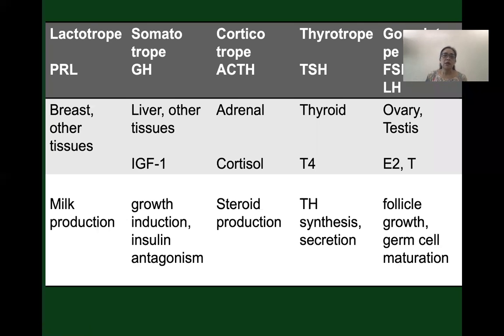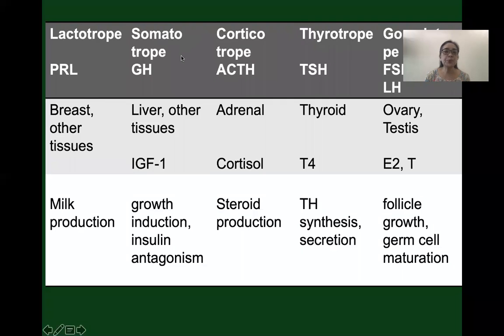Now, it is important for you to know that each of the cells of your anterior pituitary would produce a specific hormone. And this specific hormone would act on a specific organ or tissue, and it will affect a specific function. So your lactotropes will produce your prolactin, and this will affect breasts mainly for milk production.